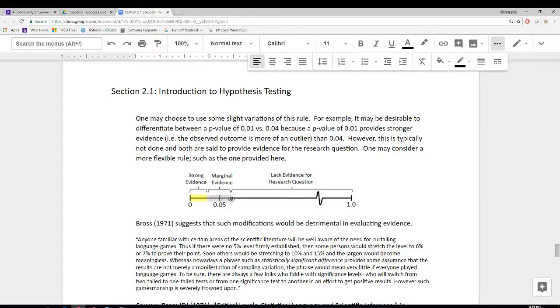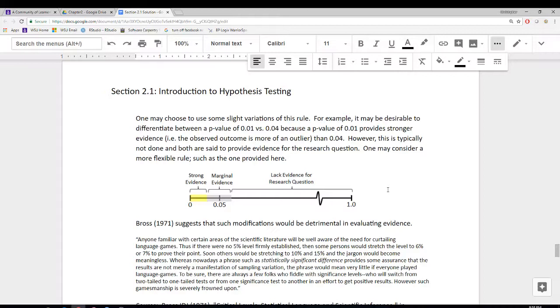In fact, we would actually have two cutoffs that we'd have to worry about here in evaluating the amount of evidence. So even though I don't like real strict rules for determining whether or not something supports the research question, we must appreciate that there is a standard, and that standard is used by everyone.